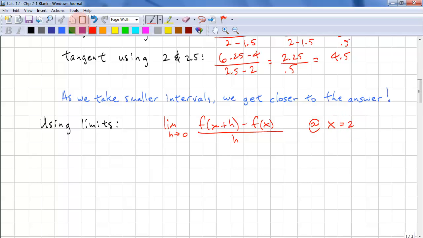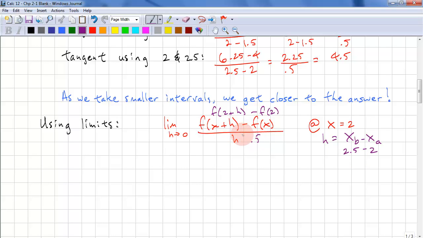So you would have seen a value like f of 2 plus h minus f of 2 over h. h is xb minus xa. So if we had h as 0.5, we would have had 2.5 minus 2. So that's what it looks like with actual values.